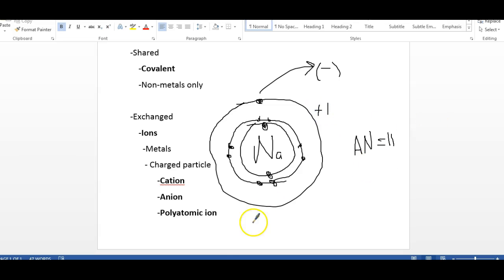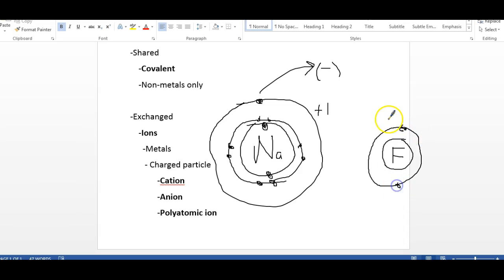Okay. Then if we look at another one, such as chlorine, or we'll go fluorine, it has an atomic number of 9. So then we're not going to put the nucleus, but you need to know it's got 9 protons, 9 neutrons. And then there's 1, there's 2 there, and then we're going to have 7 in its outer. 1, 2, 3, 4, 5, 6, 7. Now it needs 1, and here's sodium.